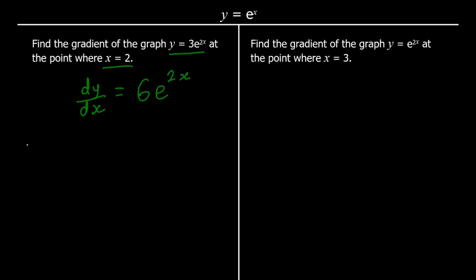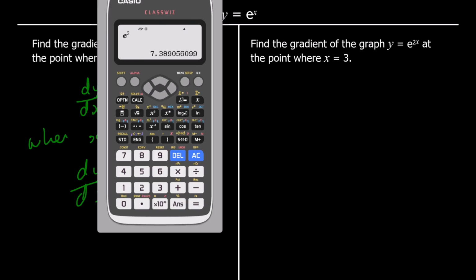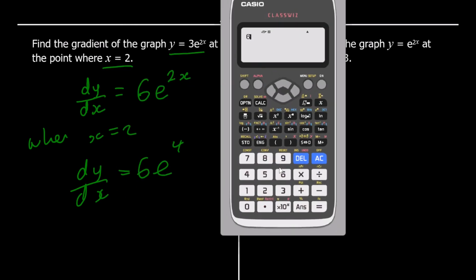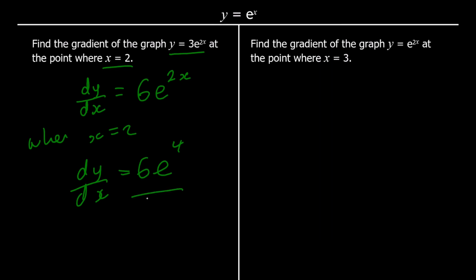When x is 2, dy/dx is 6e to the power of 2 times 2, which is 4. That would be fine as an answer. That's an exact answer. If we did need to give it as a decimal, we could just type that in the calculator, 6e to the power of 4, and we get 327.6. But I'm going to leave it as the exact answer.